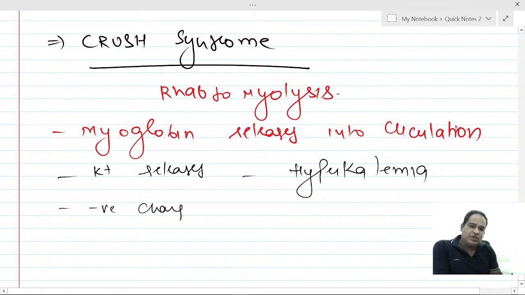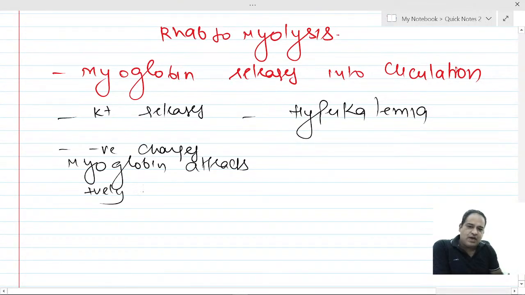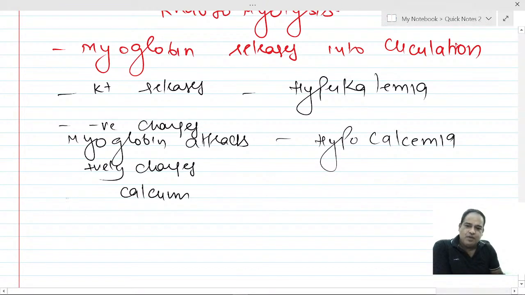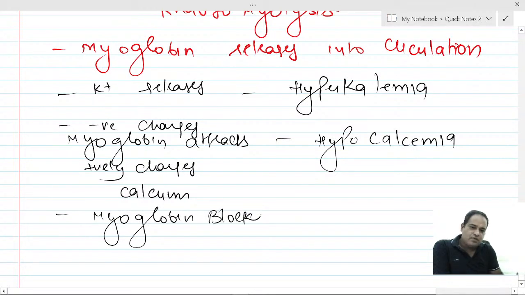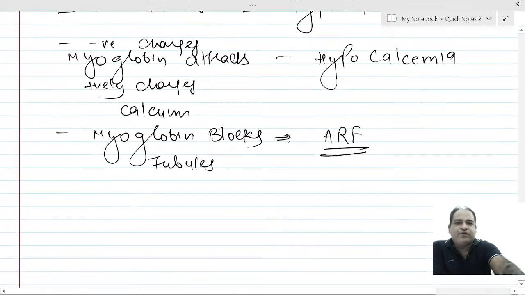Negatively charged myoglobin attracts positively charged calcium. So your patient has hypocalcemia. Myoglobin blocks the tubules. So, acute renal failure.